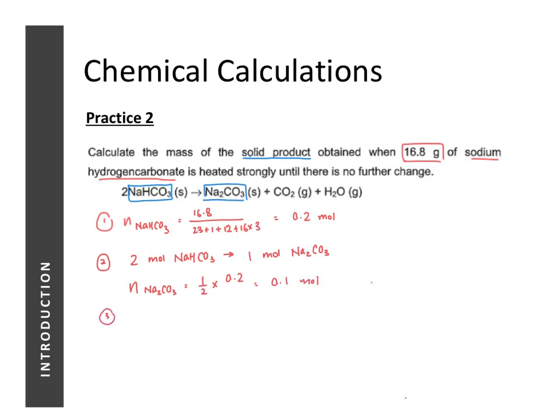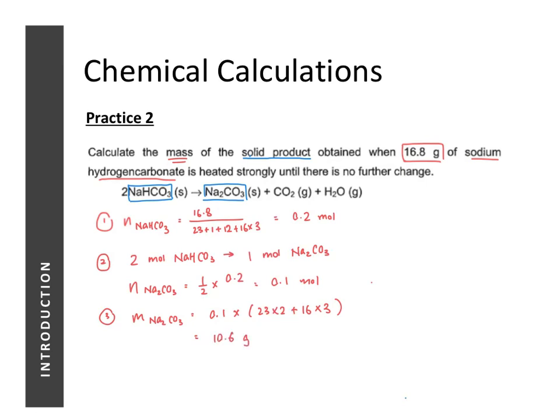Step number 3, we need to convert from moles. Since the question requires the mass of sodium carbonate, and now we have the number of moles, we need to convert to mass by taking the number of moles times the molar mass, and that will give us a value of 10.6 grams.